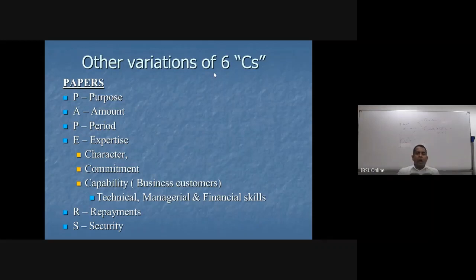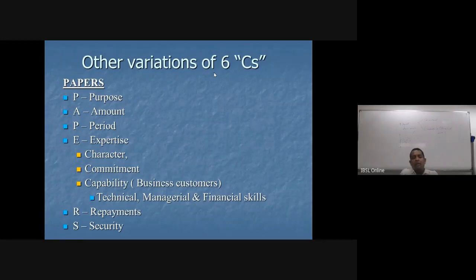PAPERS: purpose, for what purpose they want money, the amount, how much they want, the period, for how long they want, expertise, what are the expertise. Under this, they will look at the 5 C's again: character, commitment, capacity, all those things, right?